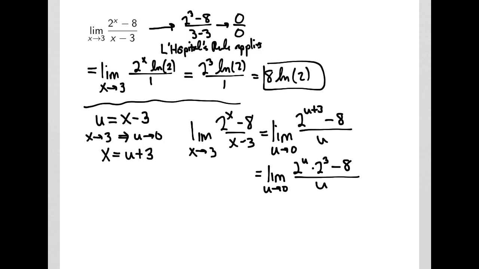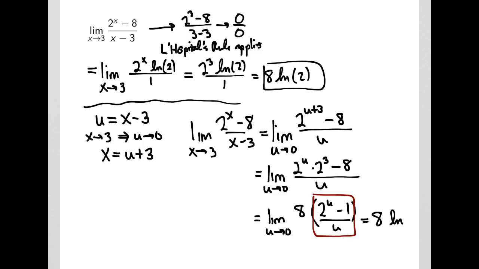And if I factor out that 8, I get the limit of 8 times 2 to the u minus 1 over u, as u is going to 0. This limit we learned, as u goes to 0, is the logarithm of the base, the logarithm of 2. And so the answer must be 8 natural log of 2. So we could have done it directly, like I just did, or we could have used L'Hopital's rule.